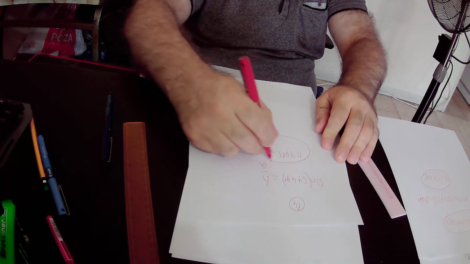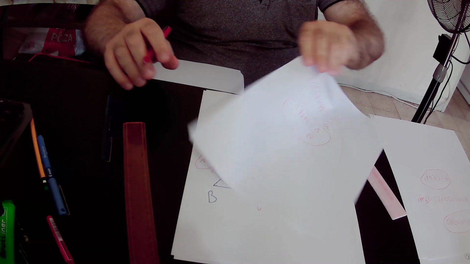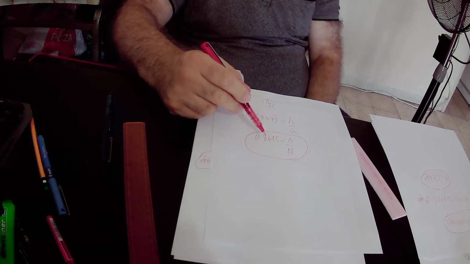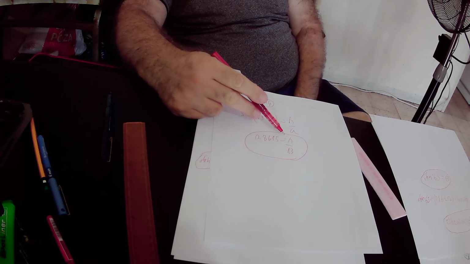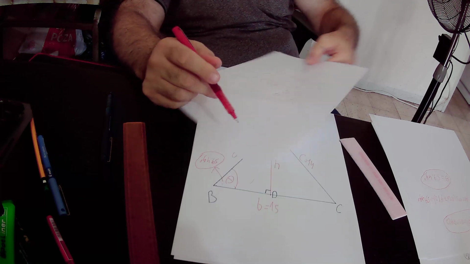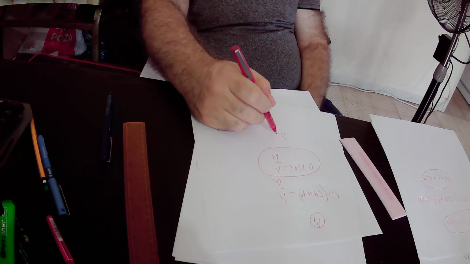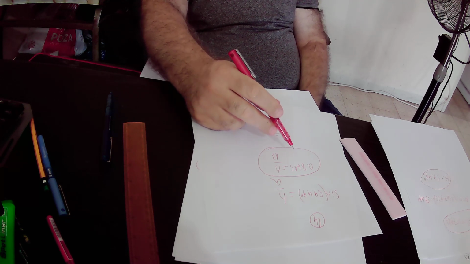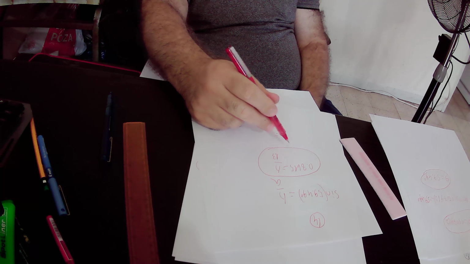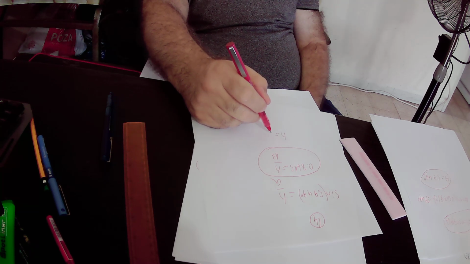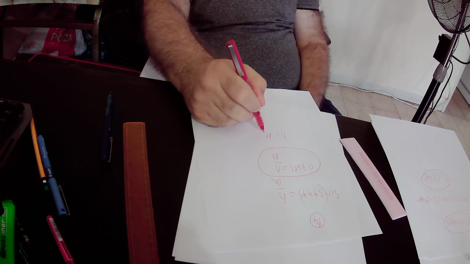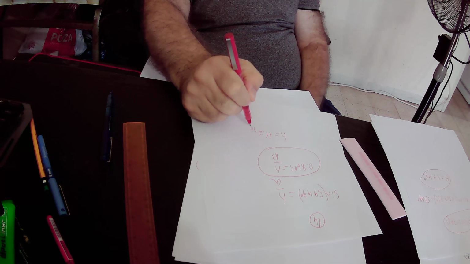So we multiply this equality by 13 in order to get the value of H, the height of triangle ABC. H equals 13 times 0.8615, which is 11.2 units.